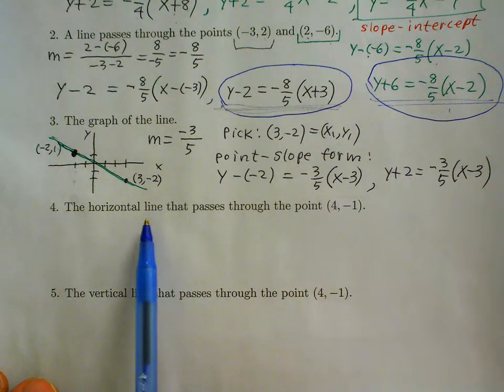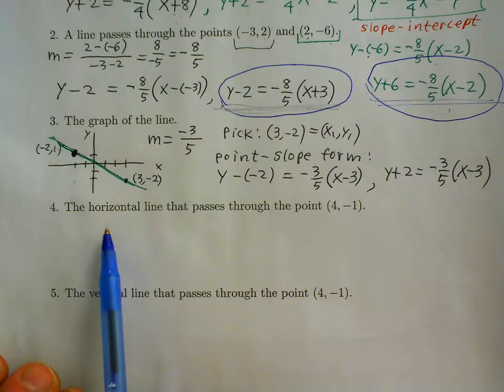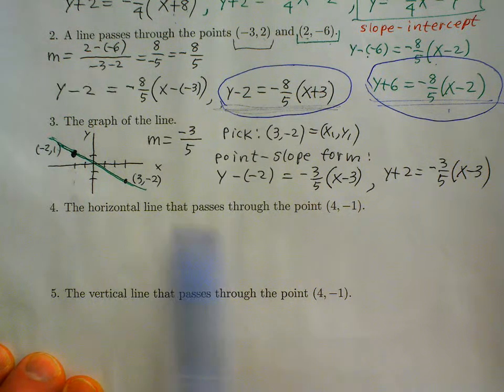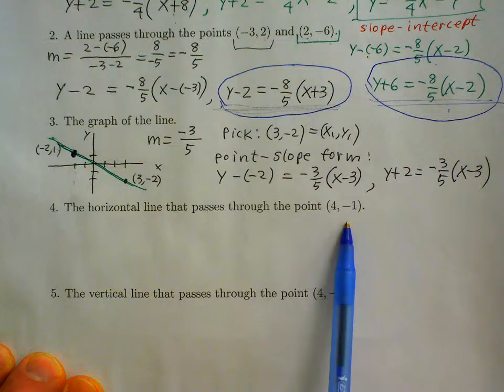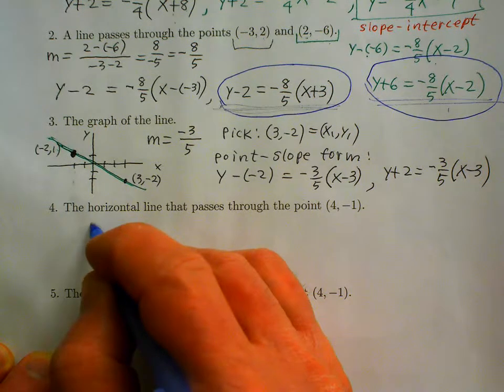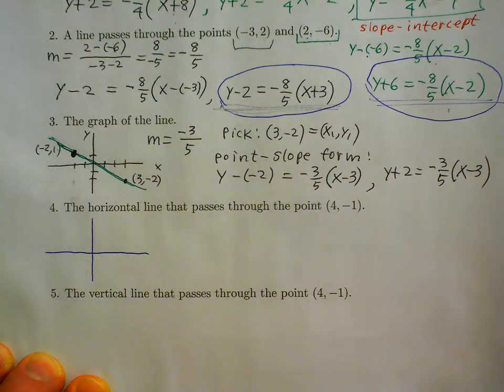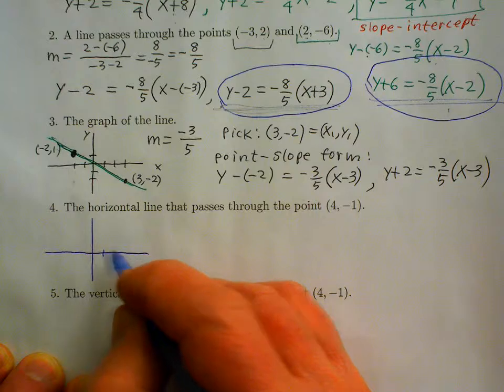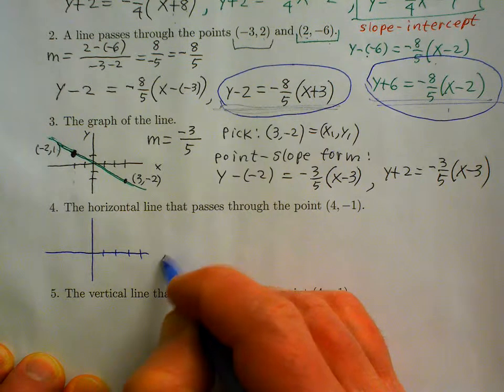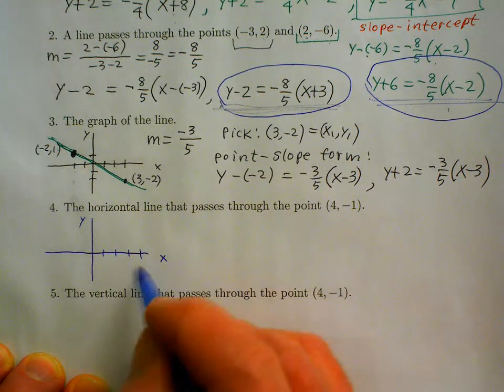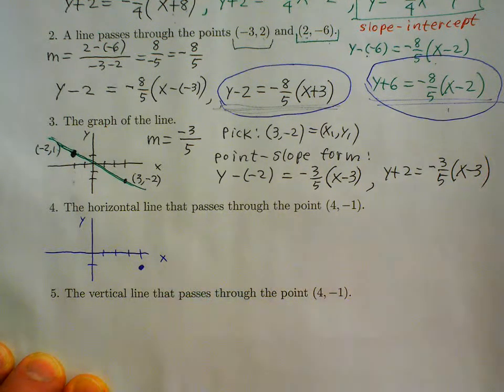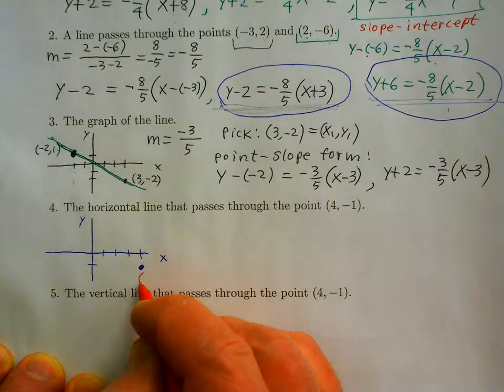Okay, let's go ahead and graph a horizontal line through the point 4, -1. So here's the ordered pair 4, -1.